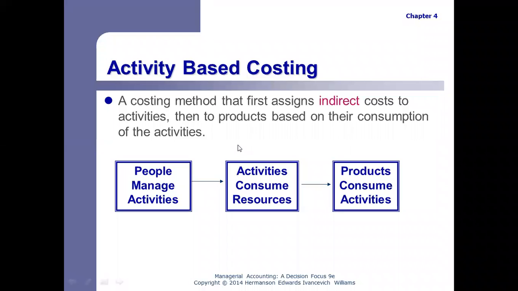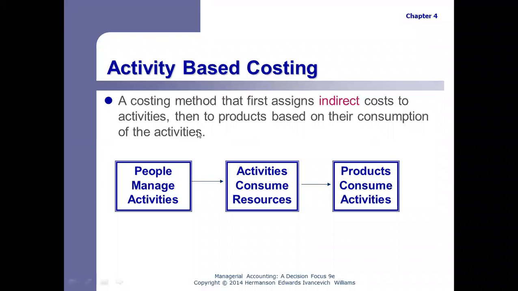Another topic in this chapter, and the more important topic in my mind, is activity-based costing. Remember, with costing, we want to figure out how much products cost, and we need to know that in order to know how much to sell them for.